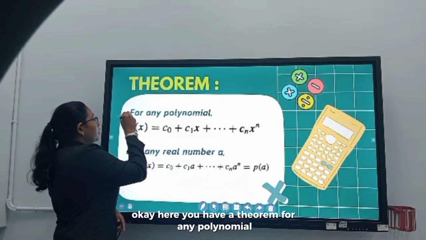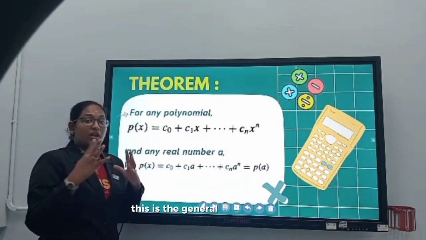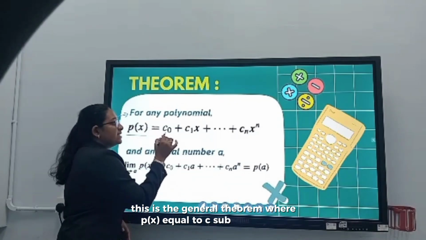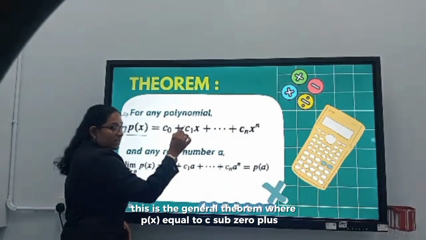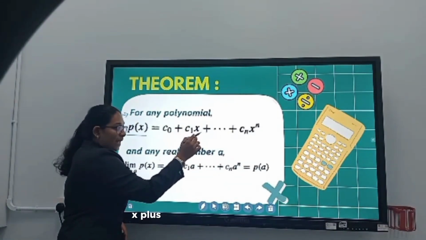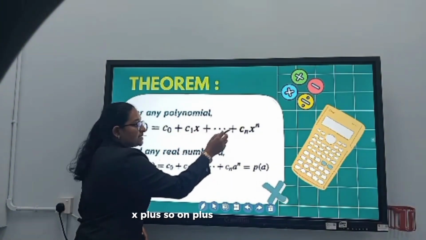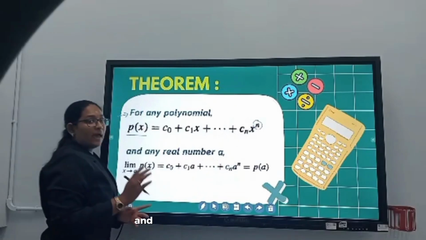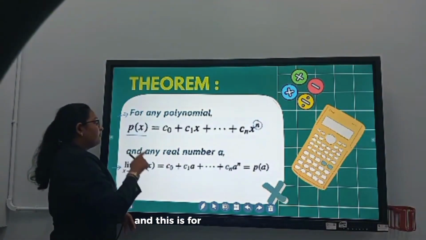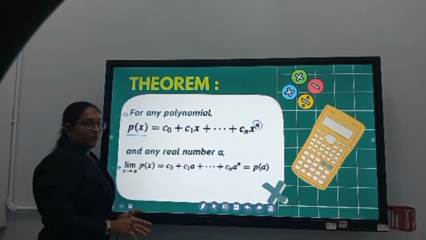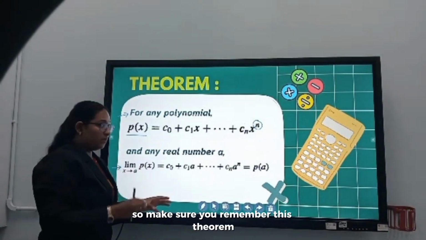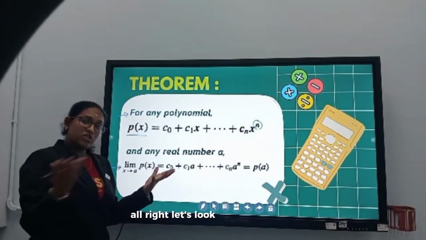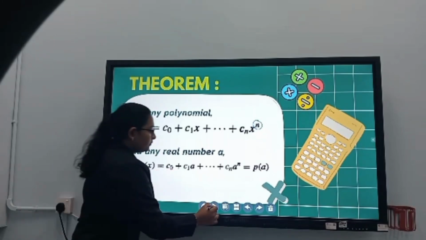For any polynomial, this is the general theorem where p(x) equals c sub 0 plus c sub 1 x plus so on, plus c sub n x to the power of n, and this is for any real number a. Make sure you remember this theorem so that it is easier to approach a question. Alright, let's look at one example question.